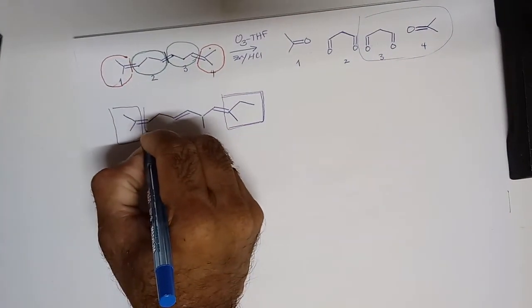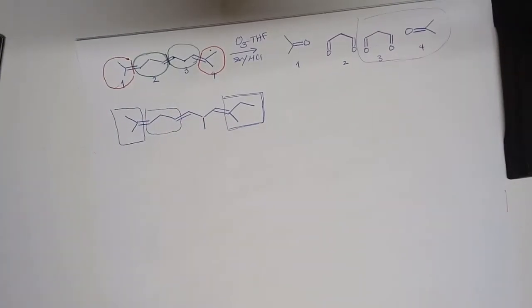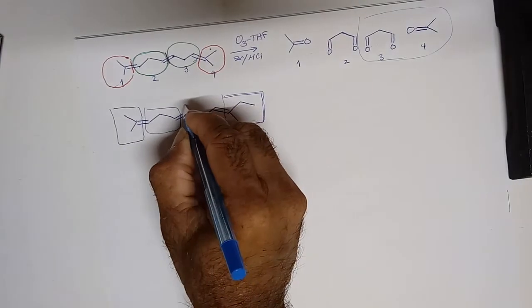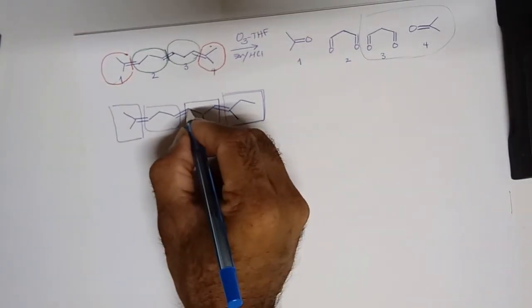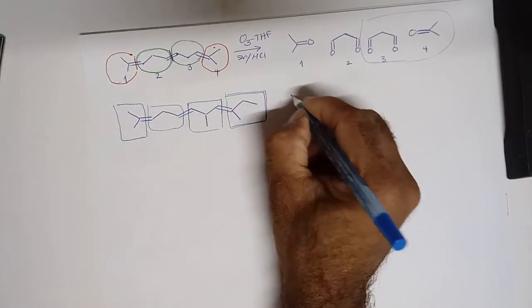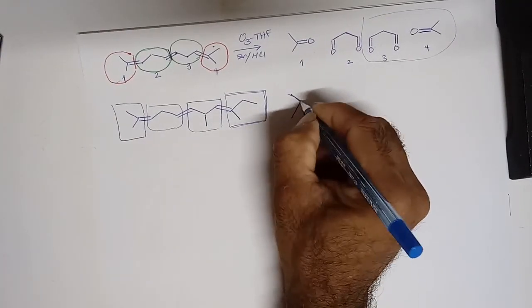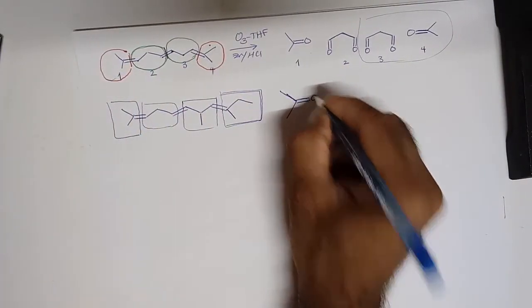Similarly, this piece is different than this piece. Why? There is a methyl substitution. In that case, I'll have to show all four. Who are the all four? I will have that, right?